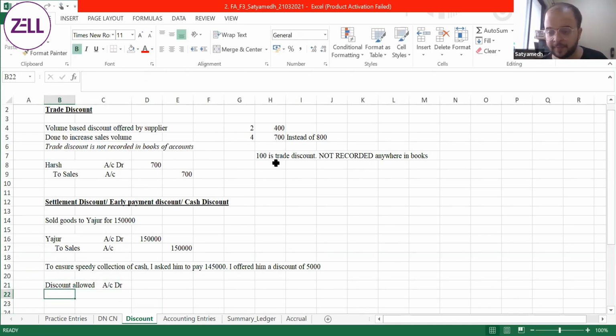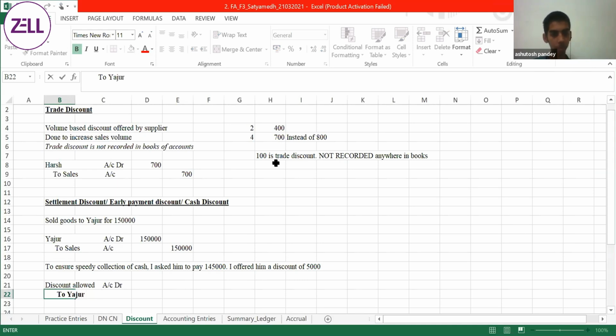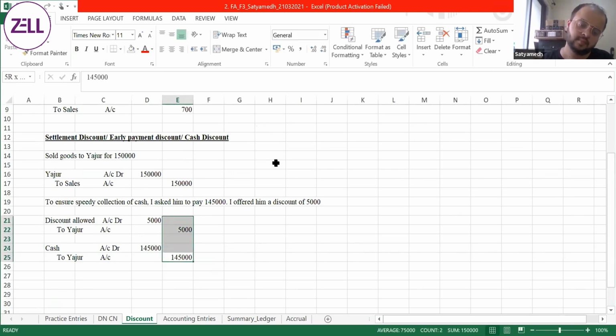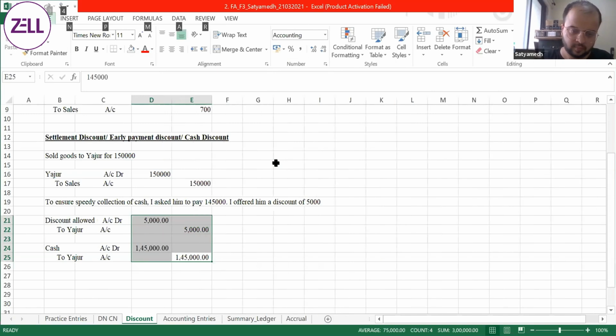Discount is a loss for me, इसीलिए आई एम डेबिटिंग डिस्काउंट. एंड अब यजूर से उतना पैसा कम कलेक्ट करना है ना मुझे. पहले 1,50,000 से डेबिट किया था यजूर अकाउंट. ठीक है, और ये भैया फिर हमें कैश दे देंगे. बाद में उनसे कैश कलेक्ट करेंगे.